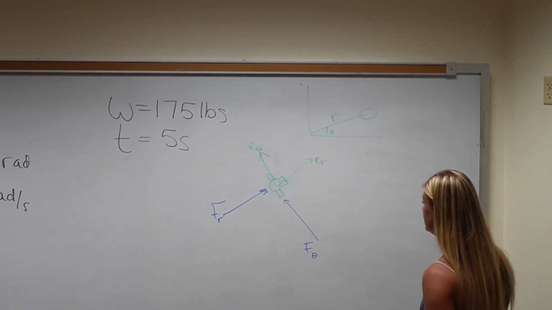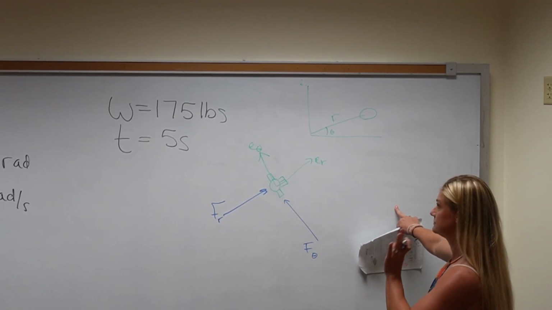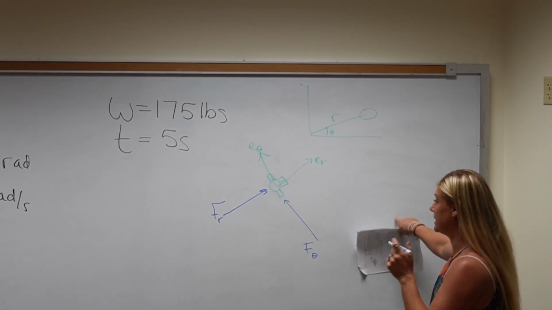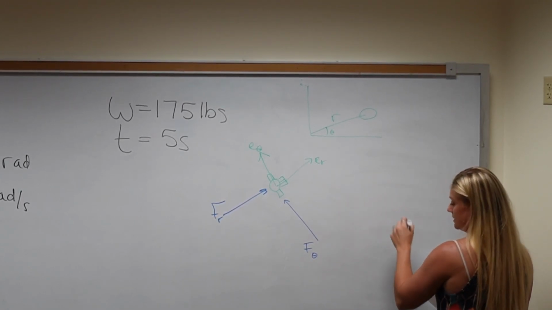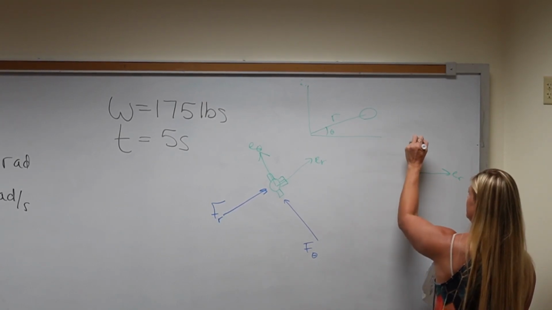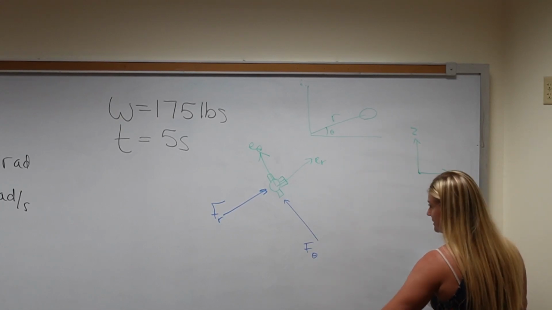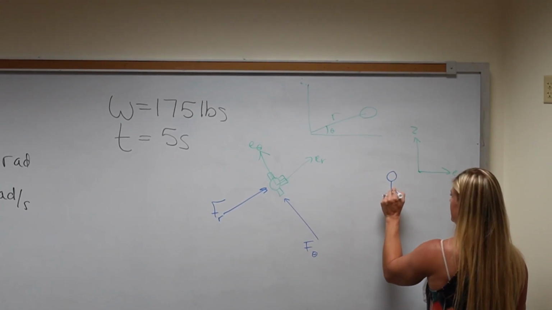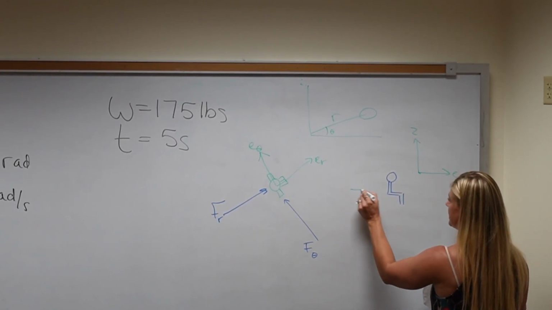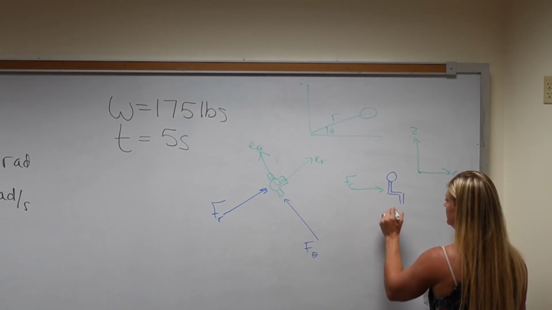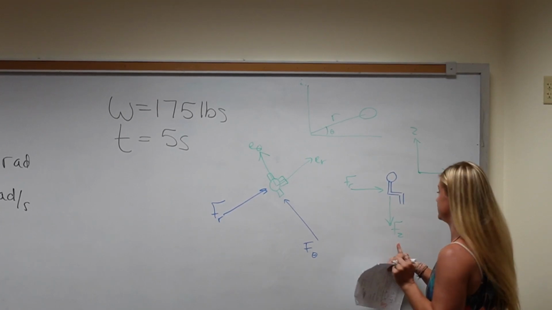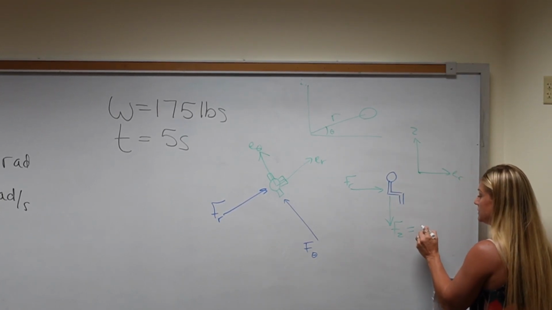How would I draw the weight? If I flip this over to get the Z axis, how would I draw my guy? I would want my vector e_r on this side to go here, and I would want Z to go up. So now I'm looking at it like this. I still have my force in the radial, but now I have my force in the Z. What is force in the Z equal to? Just weight.